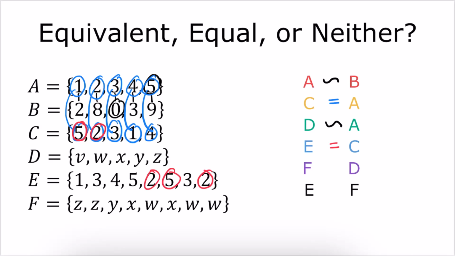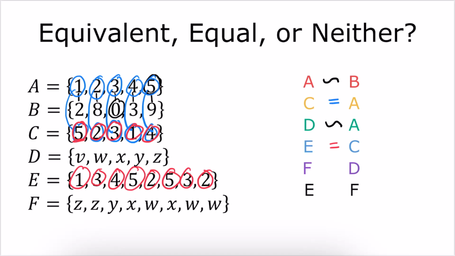Set C has a 3 and so does E. Again, it's listed twice, but that's fine. C has a 1, so does E. C has a 4, so does E. And this 5 I should have actually circled earlier because C has a 5 in it. And so because C and E have precisely the same elements, that makes them equal.